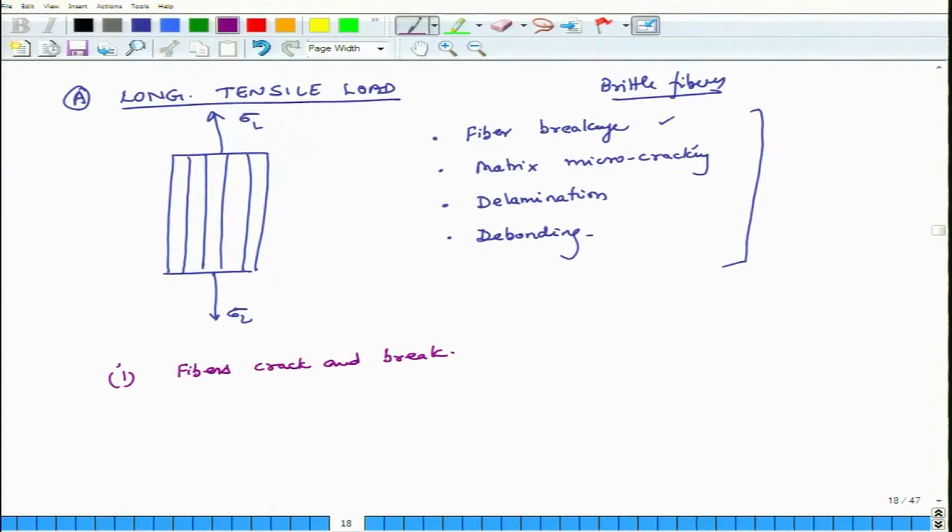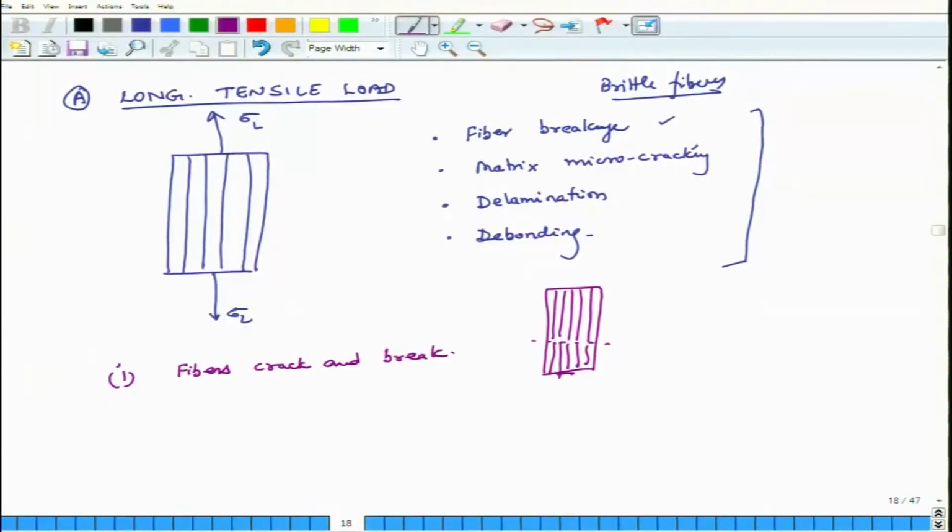Okay. So, in this case, you have basically 2 parts of the composite, and it is a clean break and fibers just crack, they break, and once they break, all of the load on the fibers gets transferred to matrix, and at the same points the matrix also cracks.